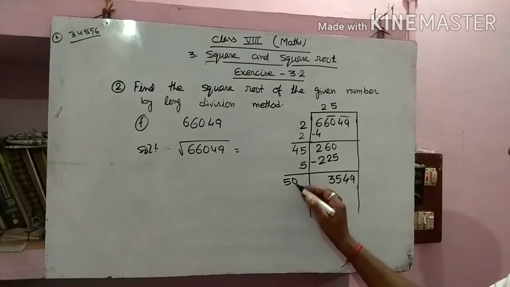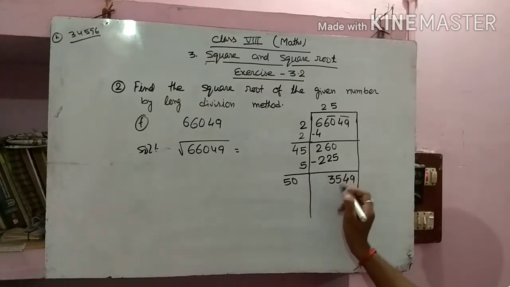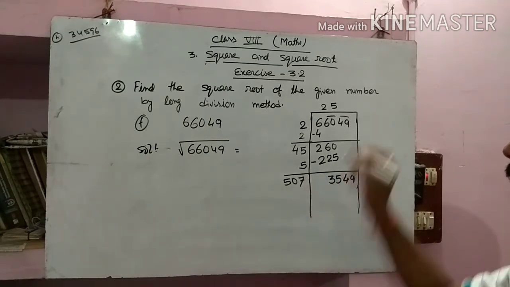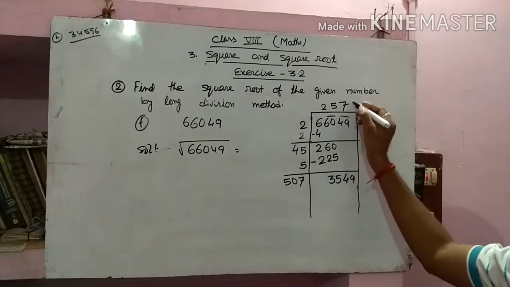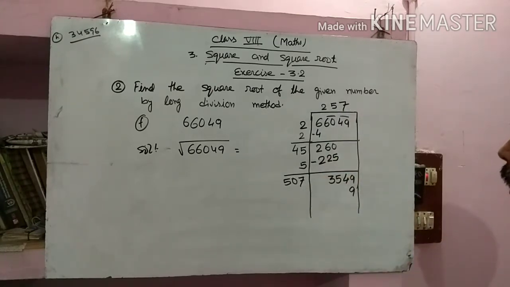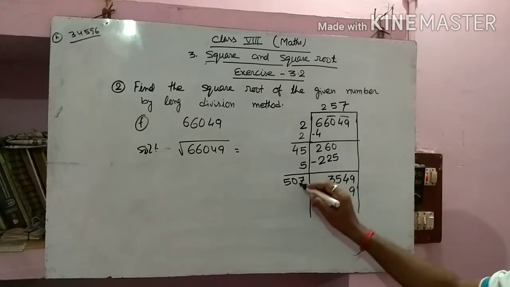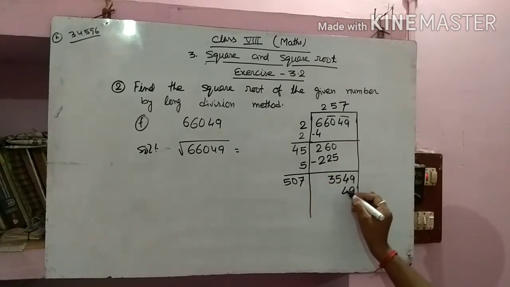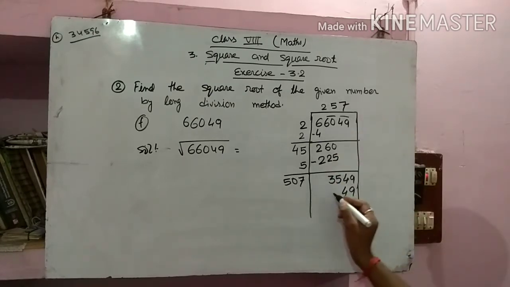5 threes are 15, which is very far from 35. So we are going to multiply that number by 7. 7 sevens are 49, so 4 remains. 7 into 0 becomes 0, and the carried 4 comes here. 7 fives are 35.